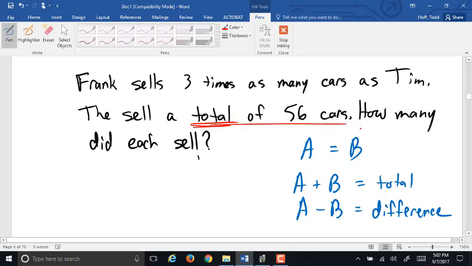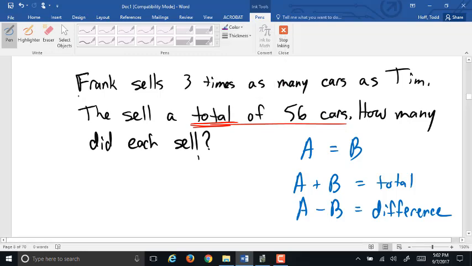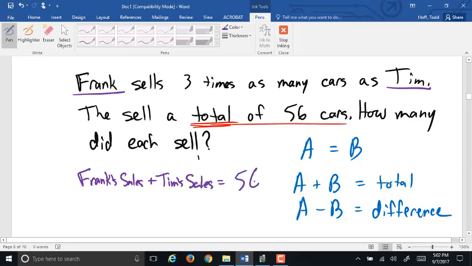So this is saying the 2 things add up to be a total. The 2 things we're looking at, Frank's sales and Tim's sales. So Frank's sales plus Tim's sales equals 56 cars.